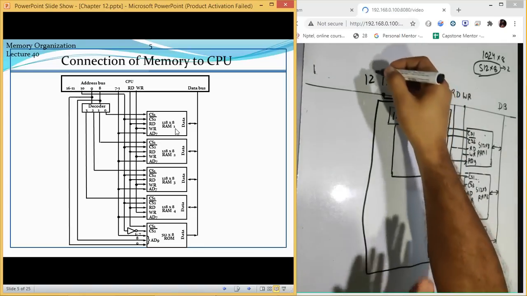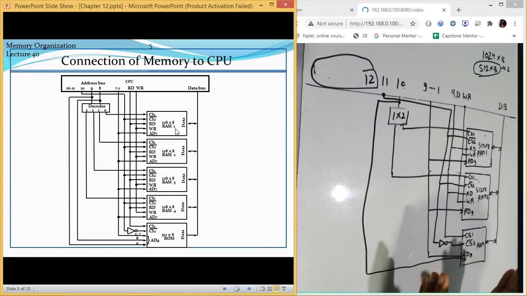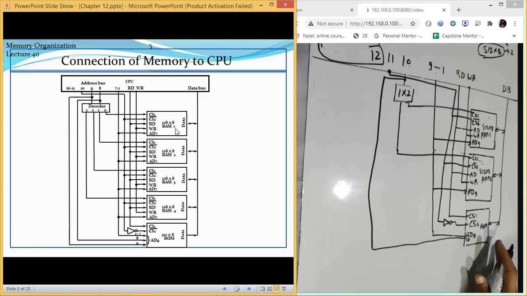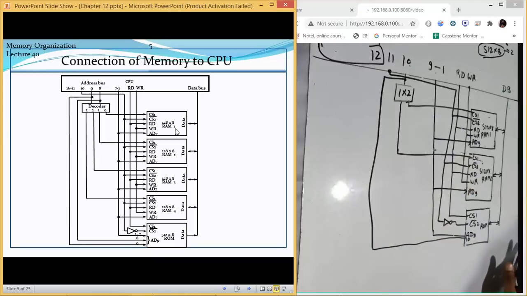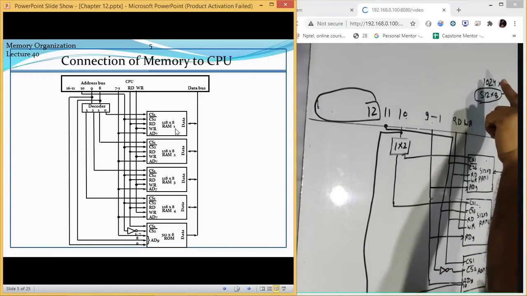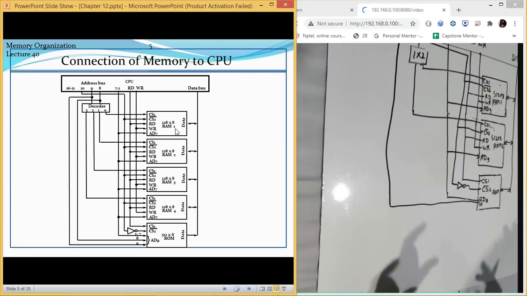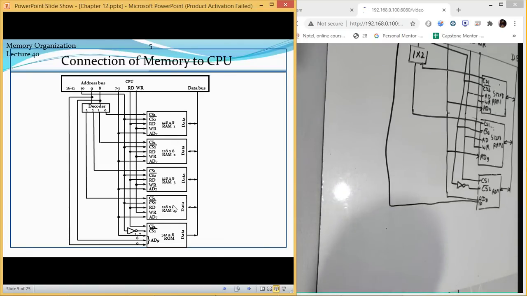And we are no longer going to use the 12th to 16th bits. We are not going to use them. Now, this was the construction of the 1024 into 8 size of RAM and ROM chips. Now let us discuss the truth table, or you can say address map, which we are going to create.